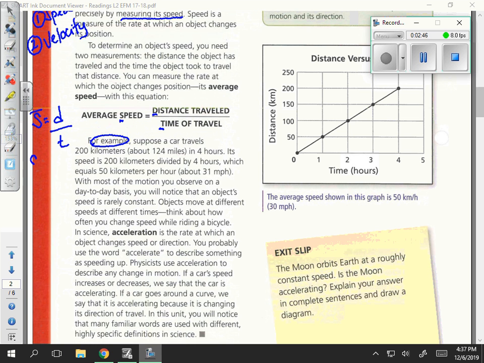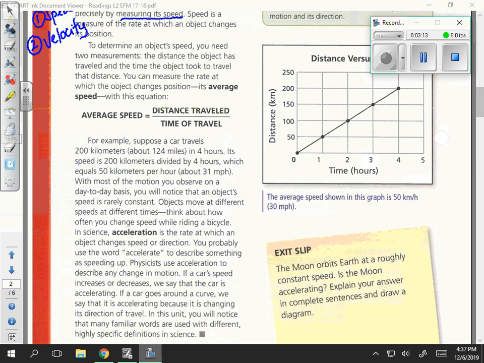So what they did to find the speed of the car, they took the distance traveled, which was 200 kilometers, and they divided it by 4 hours. That was the time it took the car to travel. 200 divided by 4 is 50 kilometers per 1 hour. And that is the solution to that problem.